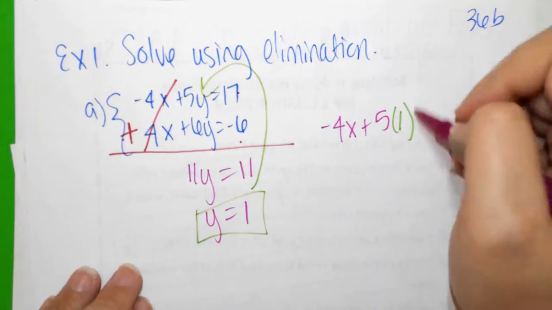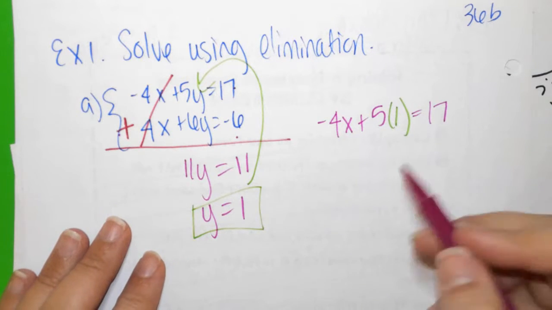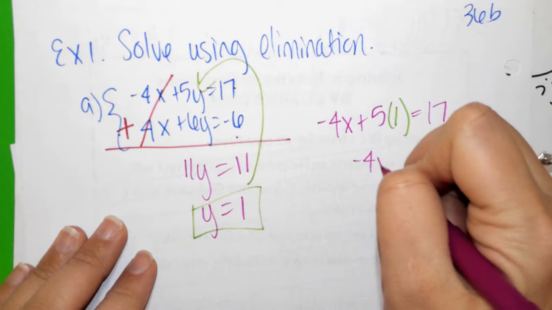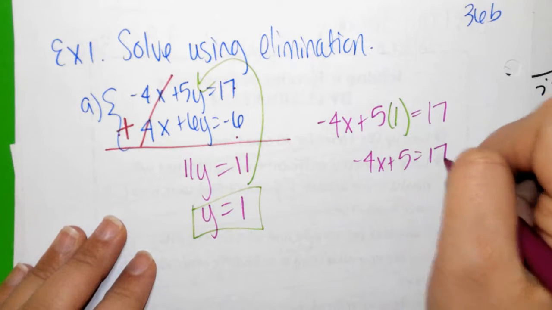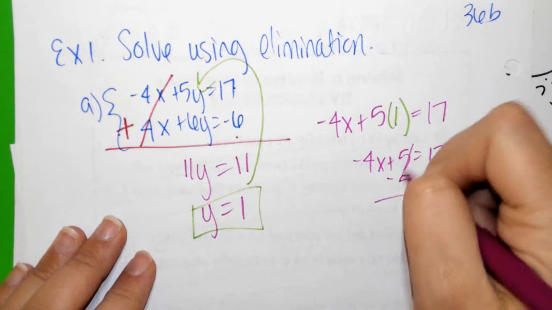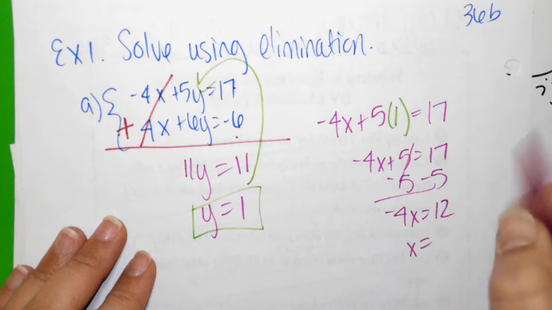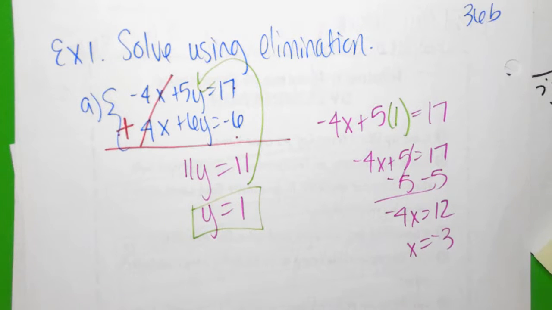Times 1. Awesome. Equals 17. All right, what's 5 times 1? Now what do we do? Awesome. And what does x equal? Negative 3. How do we write our answer?